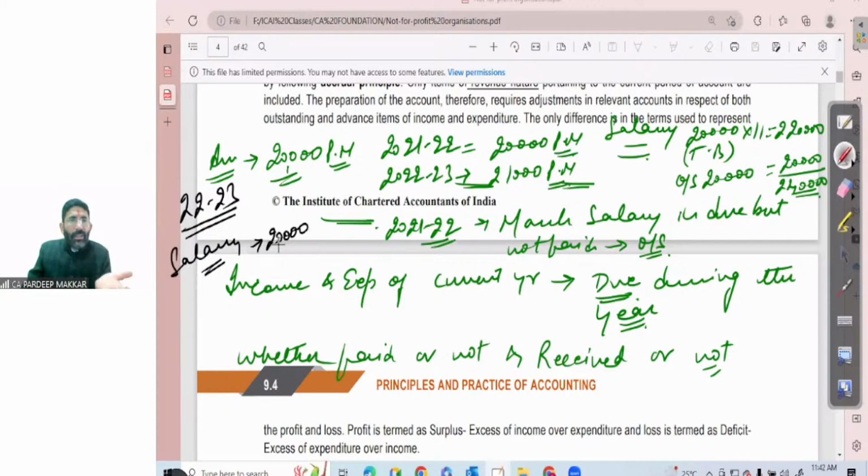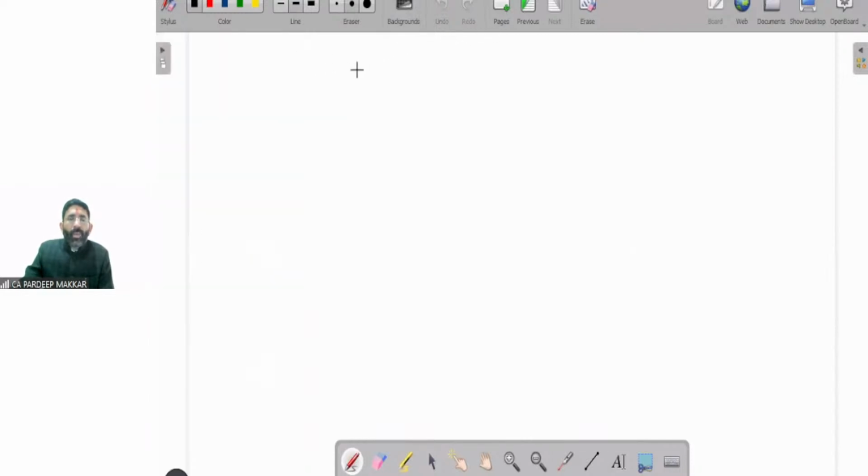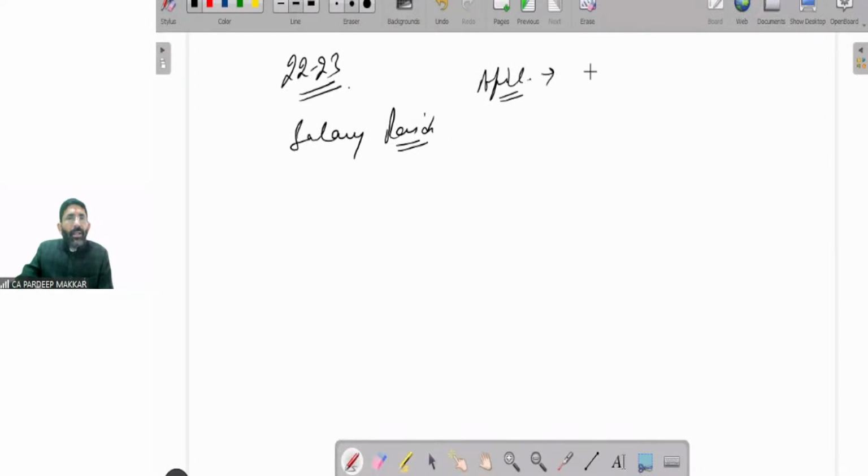That is March salary paid in April, plus 21,000 salary per month for 11 months, because March salary for 22-23 is not paid. So the total payment given in trial balance will be this one. In 22-23, how much salary have you paid? First of all, in the month of April, we will pay salary for March 22, that is 20,000.